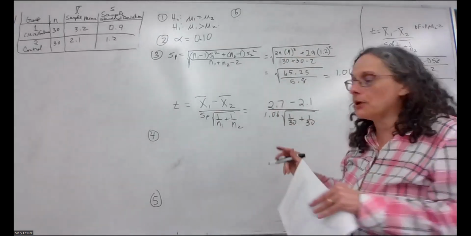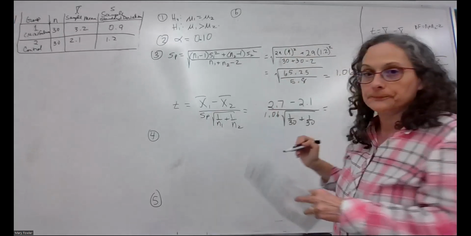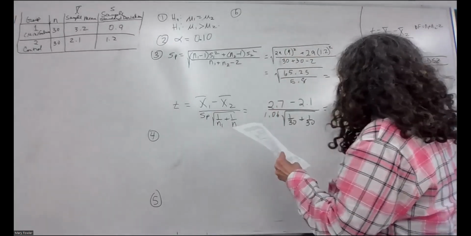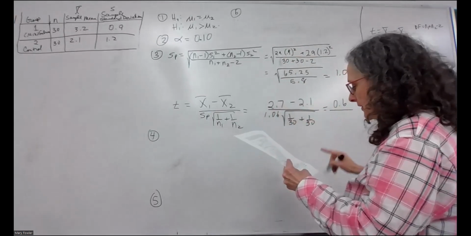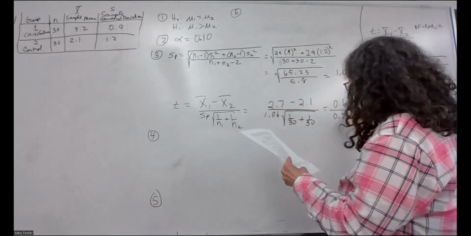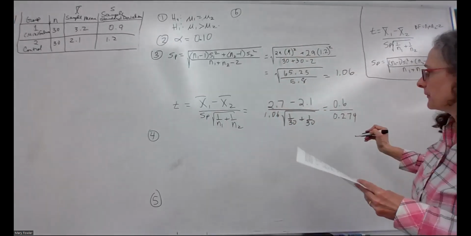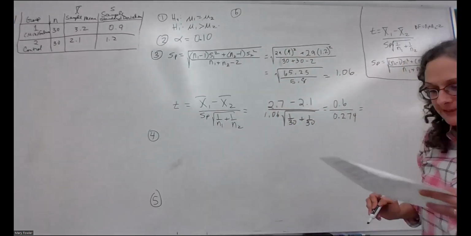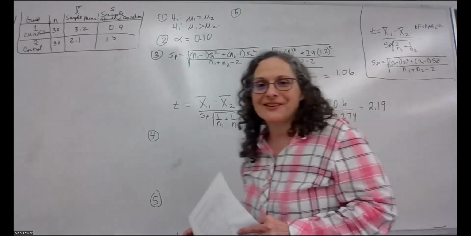Again, if you want, you can pause and come back and check your calculations. Okay. So the numerator, I got 0.6, that difference. And the denominator 0.274. That gives me a T statistic of 2.19. All right.